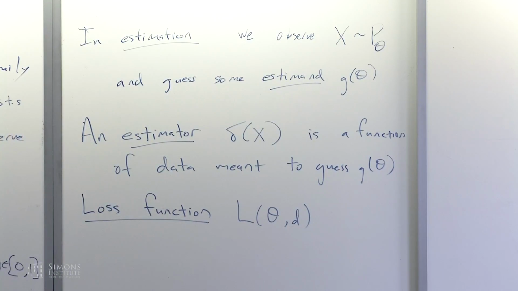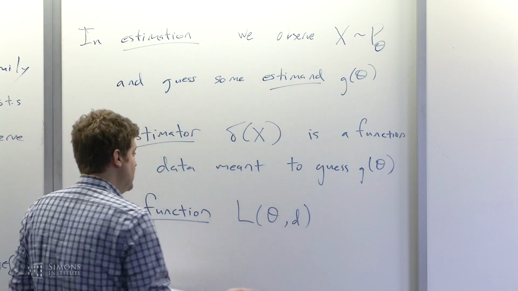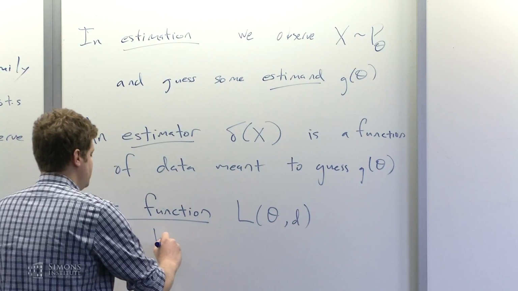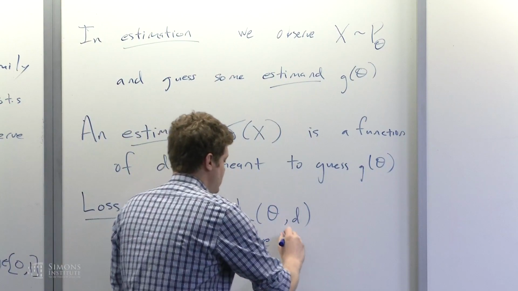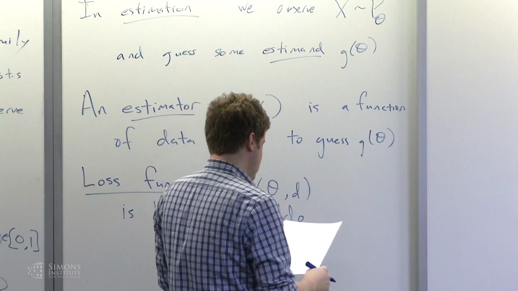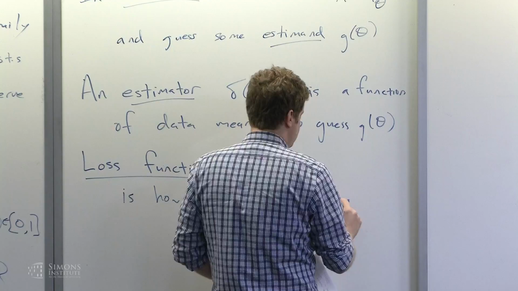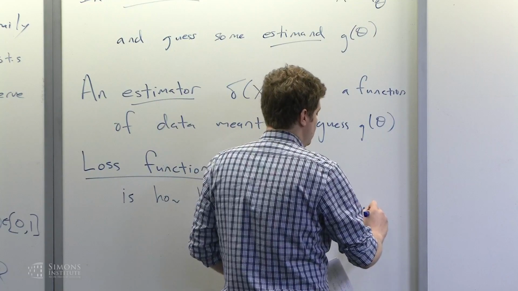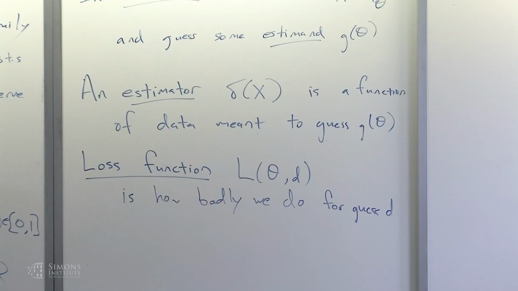It tells us how unhappy we are with that outcome, how badly we do, if we make the guess d and the true parameter was theta.